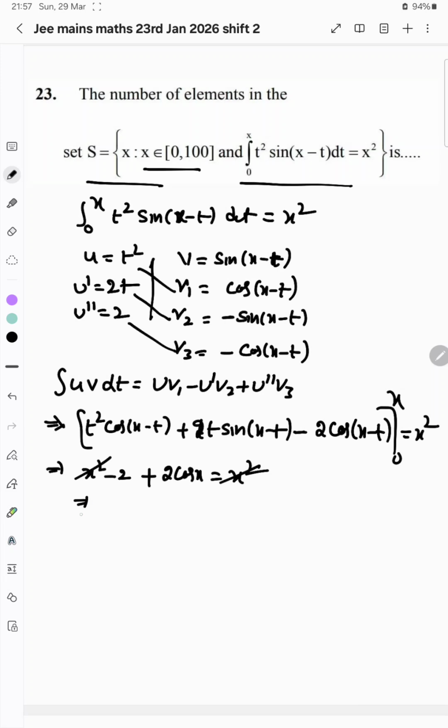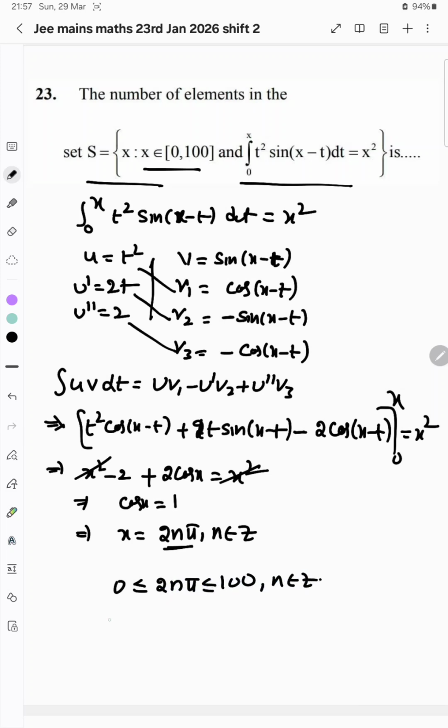x square is cancelled. Now 2 cos x equals 2, and then cos x equals 1 only we will get. Now cos x is 1 when x is equal to 2n pi, where n belongs to Z; it is the general solution when cos x equals 1, right? Now given x belongs to 0 to 100, here x is equal to 2n pi only. Now 0 less than or equal to x less than or equal to 100, in place of x we substitute 2n pi, so 0 less than or equal to 2n pi less than or equal to 100, where n is an integer.